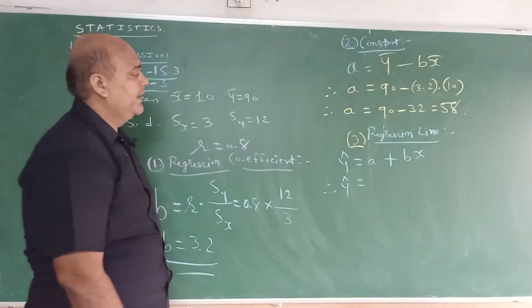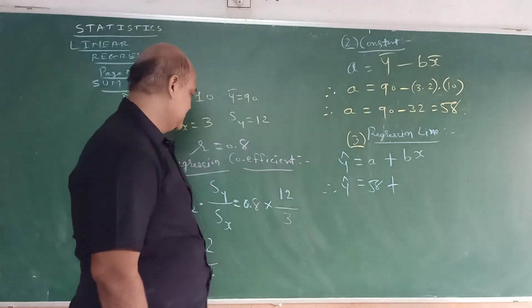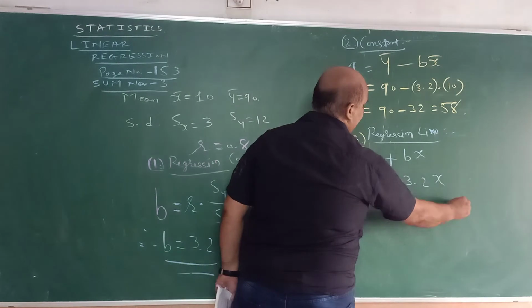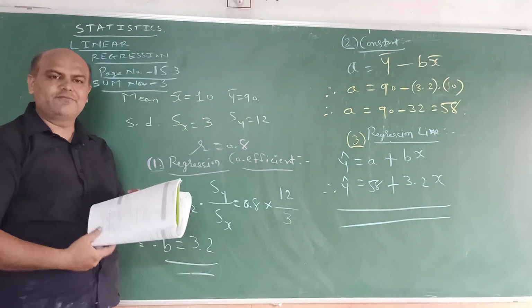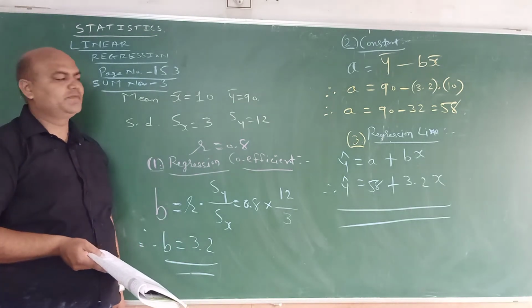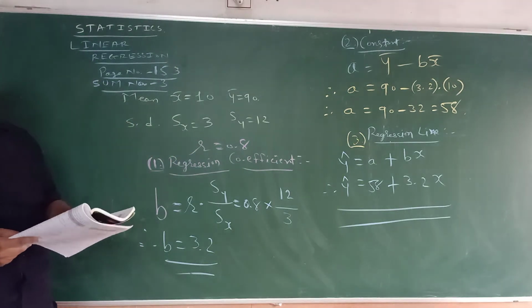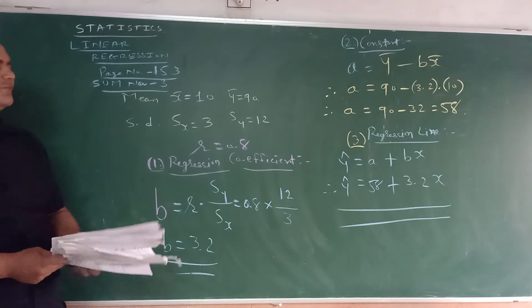The answer of a is 58 plus the answer of b is 3.2 and x means x. Here is the answer, my dear friends. The regression line y cap is a plus bx, 58 plus 3.2x. There is no question to find the forecasting here. So here is the final answer.